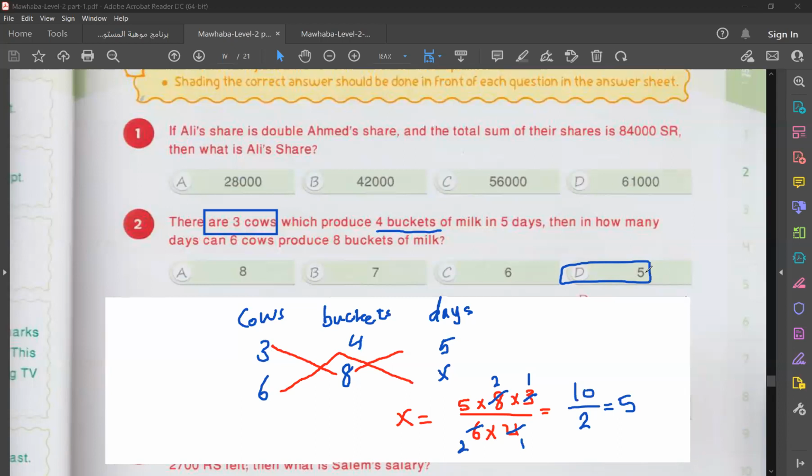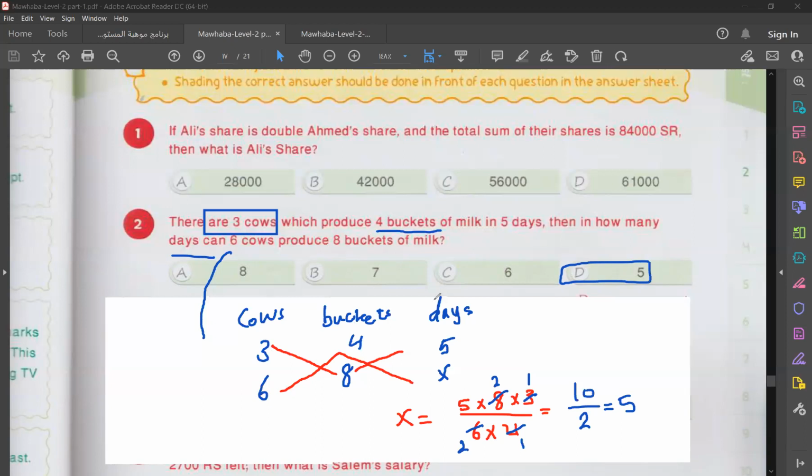Here we have 3 cows. We write 3 cows produce 4 buckets of milk in 5 days. He asked me how many days if we put 6 cows and produce 8 buckets of milk.